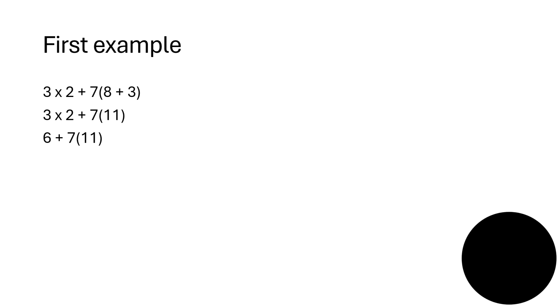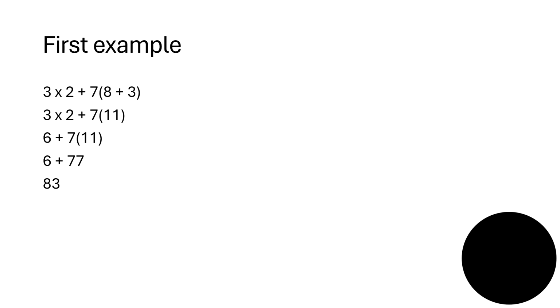Then we go from left to right, because we don't see an exponent, but we do see multiplication. So we do 3 times 2, that's 6, and then 7 times 11, which is 77. Now we have 6 plus 77, and that is 83.